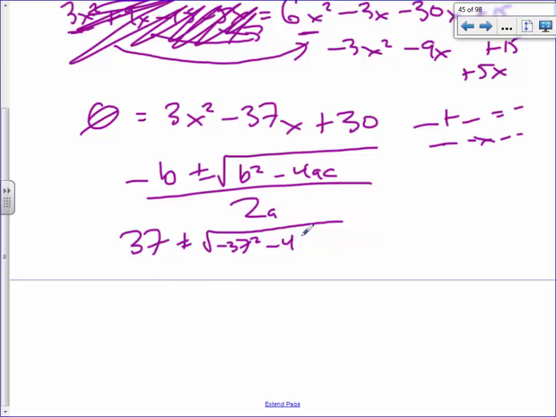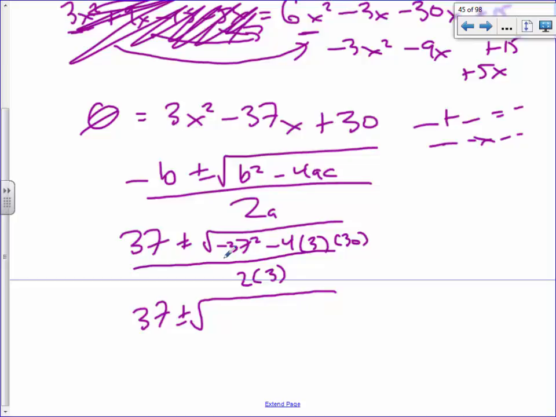A is 3, and C is 30, all over 2 times 3. It's a little intimidating at first, but once you get the hang of the right steps.